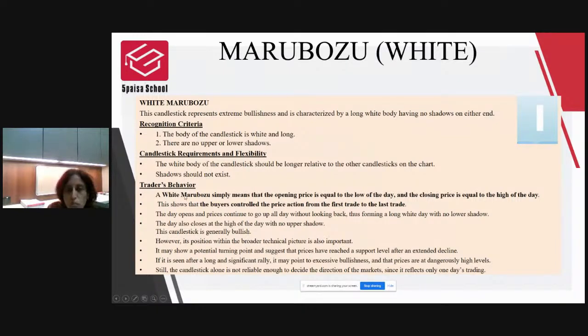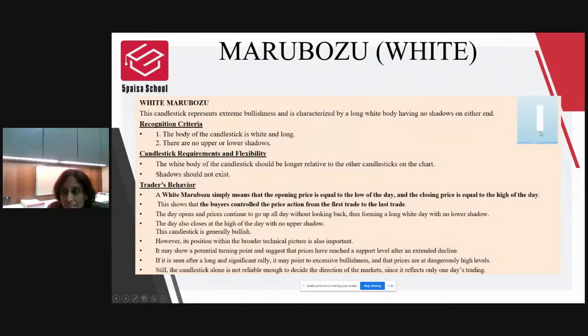A white MARUBOZU simply means that the opening price is equal to the low of the day. So where do you think your opening price will be positioned? Just look at this arrow. The opening price will be positioned at the bottom, and this also happens to be the lowest trading price of the day.